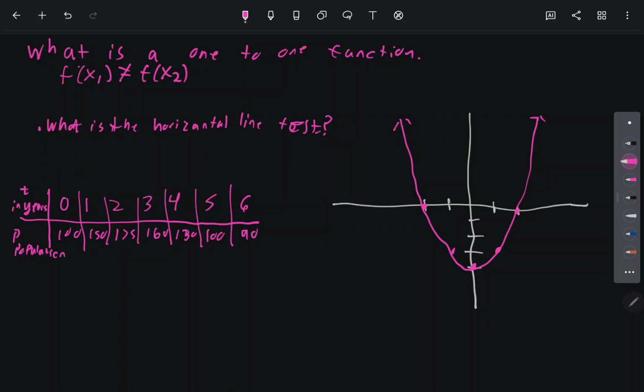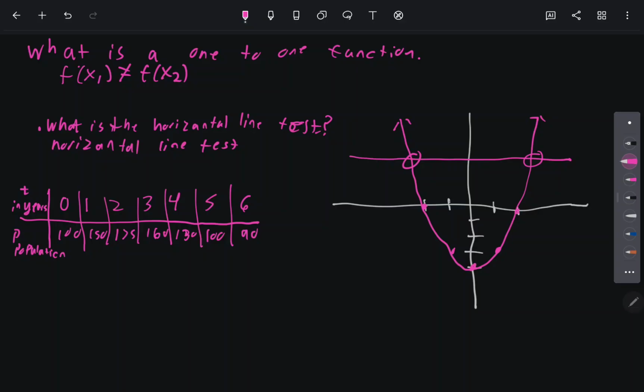Well, if we're looking on a graph, there is a test known as the horizontal line test, which will tell us that if we draw in a horizontal line, and if it intersects the curve at more than one point, then the function will not have an inverse. That is a function specifically.